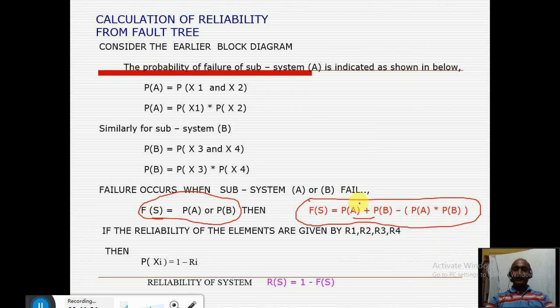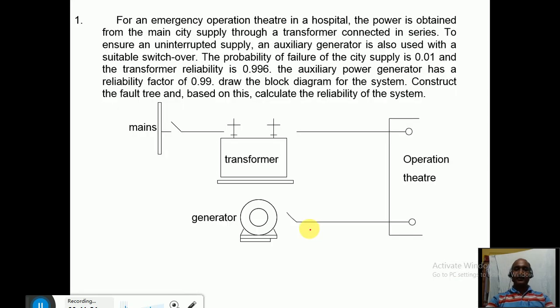Okay, and we must know the probabilities of failures or the reliabilities of these elements. Put those values over here, you will get the reliability of the entire system. Okay, or failure probabilities. And once you know the failure probability, then reliability is equal to 1 minus Fs. So this way we can find out the reliability of the system.